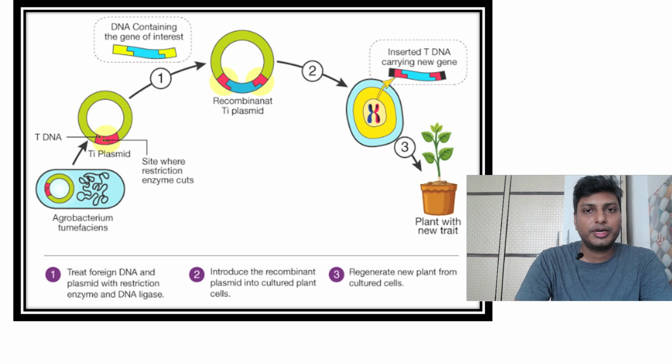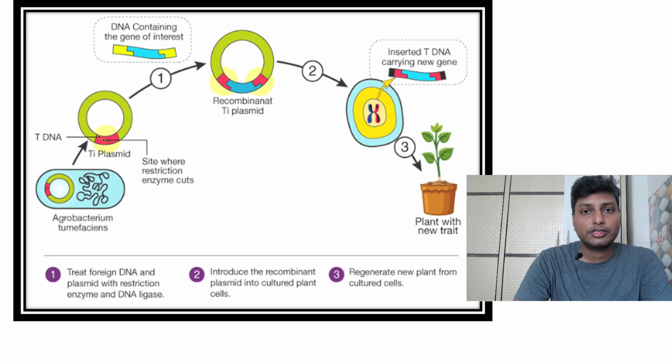So inside this TI plasmid, the desired gene of interest, that is the gene which is coding for vitamin A, is fixed. So now this recombinant DNA is transferred inside a plant cell which is possibly a meristematic cell. These meristematic cells are now transferred inside the plant.